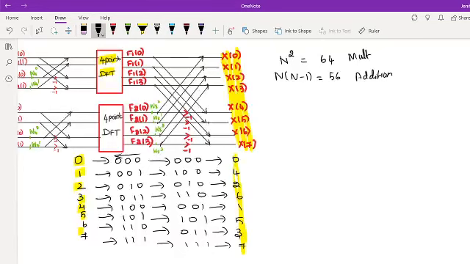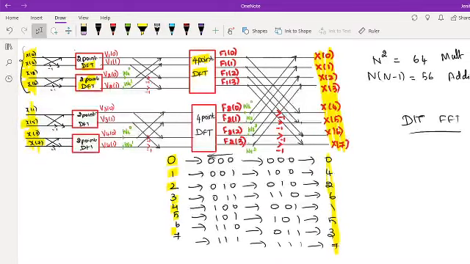Now, with the help of the DIT FFT algorithm, let us verify. How many multiplications have we done? In the beginning, we have the multiplications W2 power 0, W2 power 0, W2 power 0 and W2 power 0. So in the first stage, we have 4 multiplications, and in the second stage again 1, 2, 3, 4, so 4 multiplications, and the third stage 1, 2, 3, 4, so 4 more multiplications.